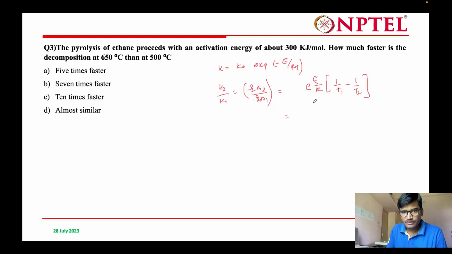So E is given, R is the gas constant 8.314 joule per mole per Kelvin.